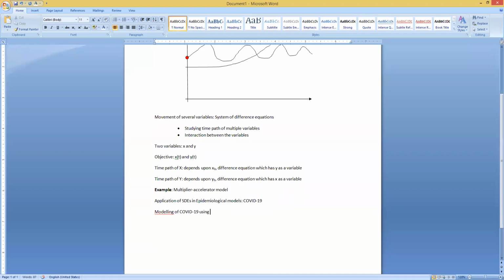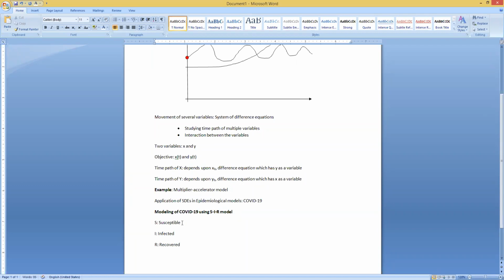So what we'll try to do in this class is show how COVID-19 can be modeled using what is known as the SIR model. Now S stands for susceptible, I stands for infected, and R stands for recovered.